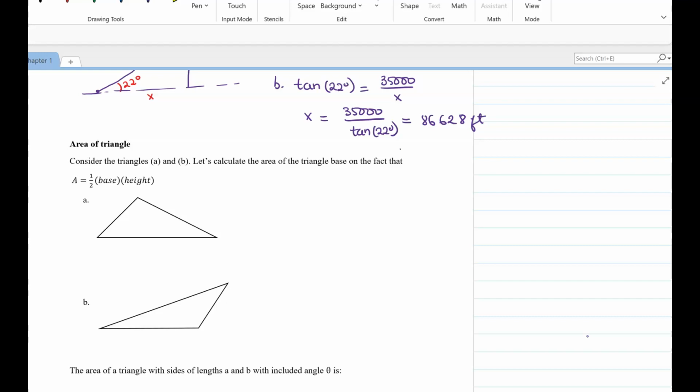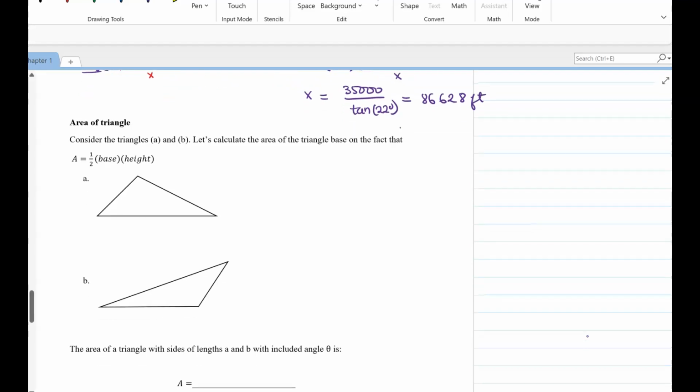So let's say we are given this triangle, we call that ABC, and this is the height. And let's say I'm given the measurement of this angle theta. So area equals 1/2 base times height.